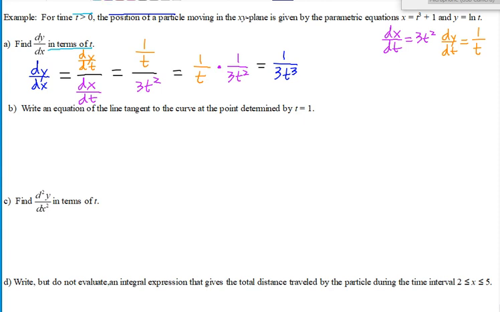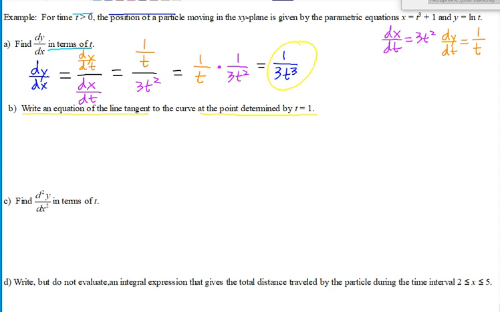Which again tells you the slope of the tangent line, which leads us right into part B. It says write an equation of the line tangent at the point determined by t equals 1. So it doesn't give you the point. Remember, to get the tangent line, there are two things we need: the point of tangency and the slope. The slope comes from the derivative, which we just found.